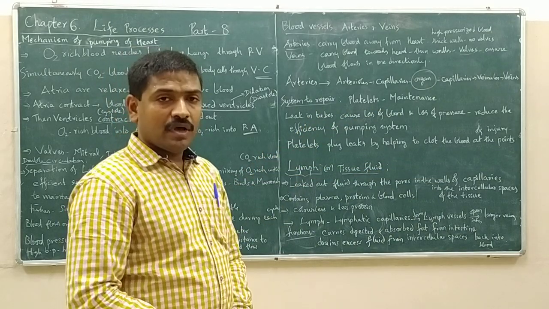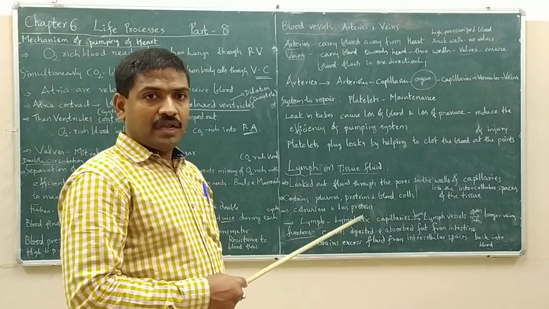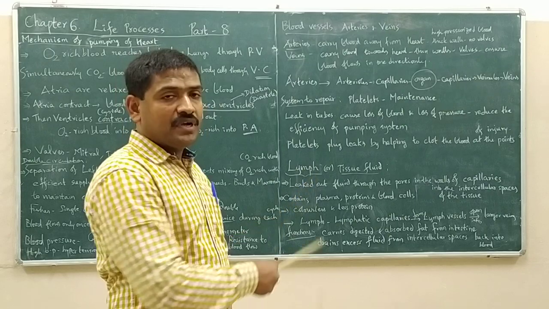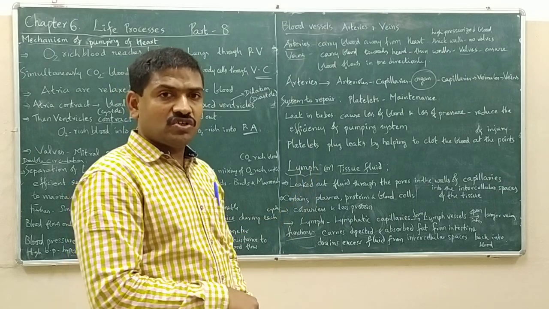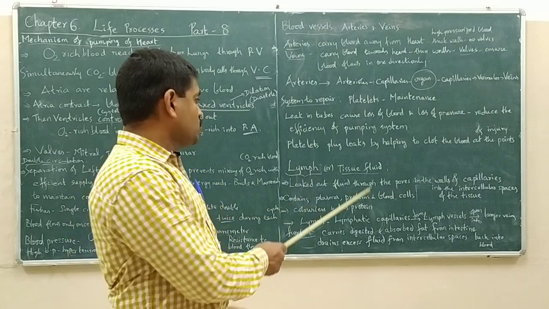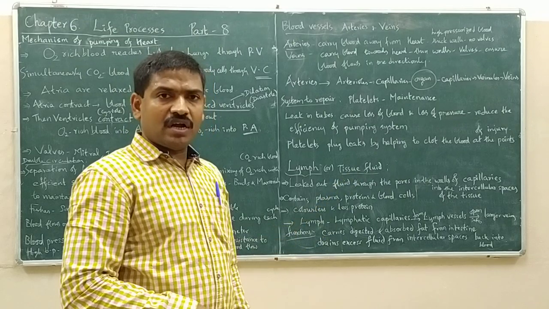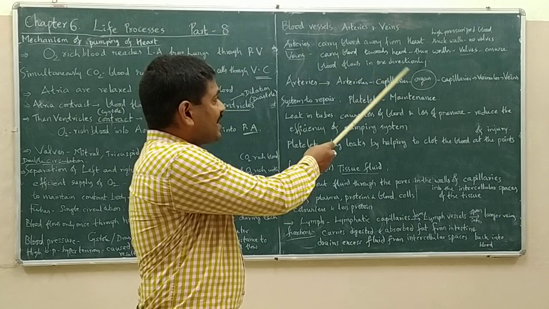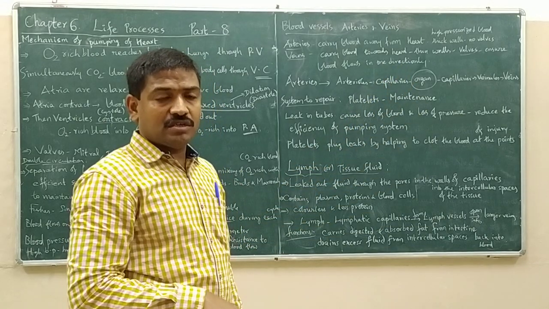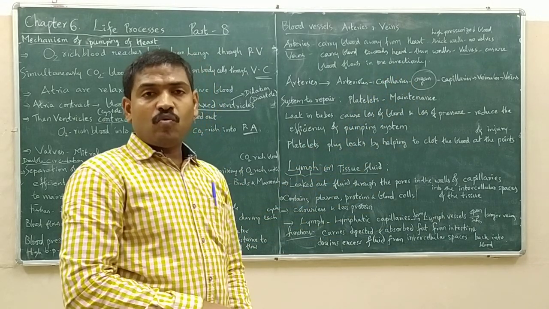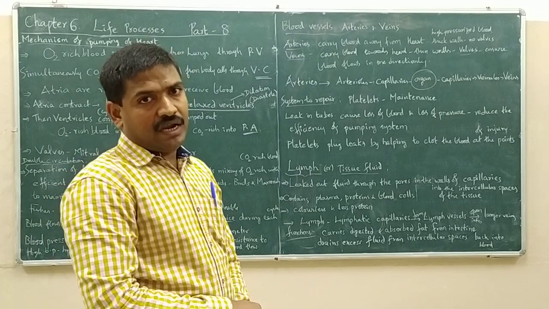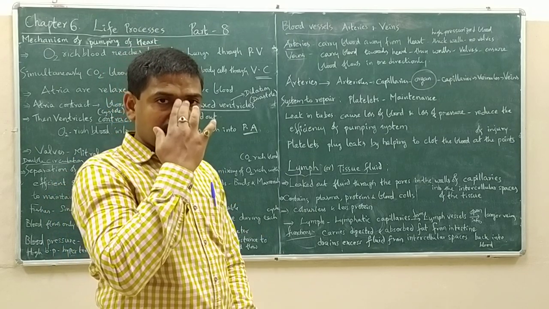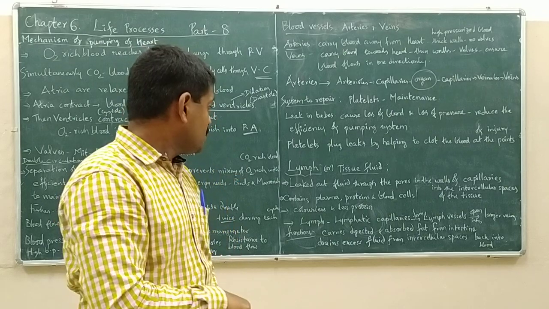Now coming to another type of fluid, like blood, there is another type of fluid which is called lymph. It is also called interstitial fluid or tissue fluid. Why is it called tissue fluid? Because I already told you, capillaries are the fine sized blood vessels having one cell thickness, through which the gases are exchanged between the cells and the capillaries, right?